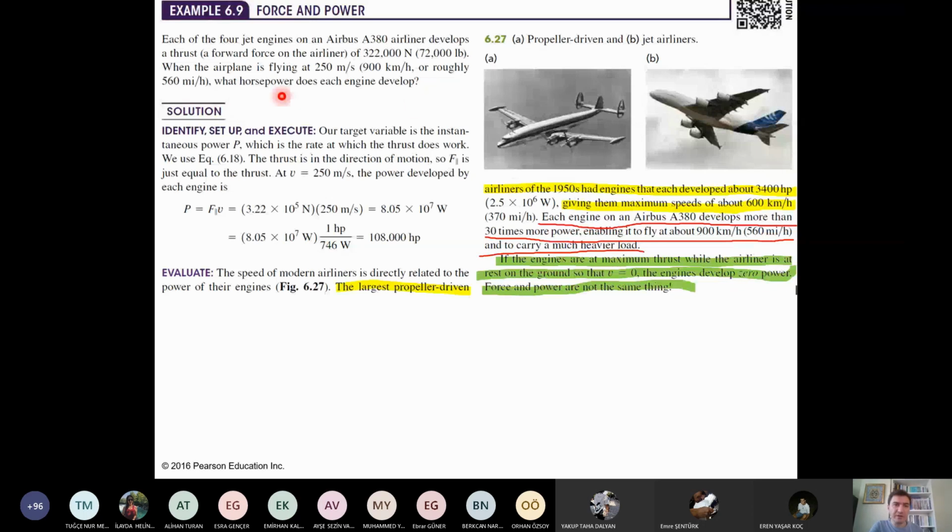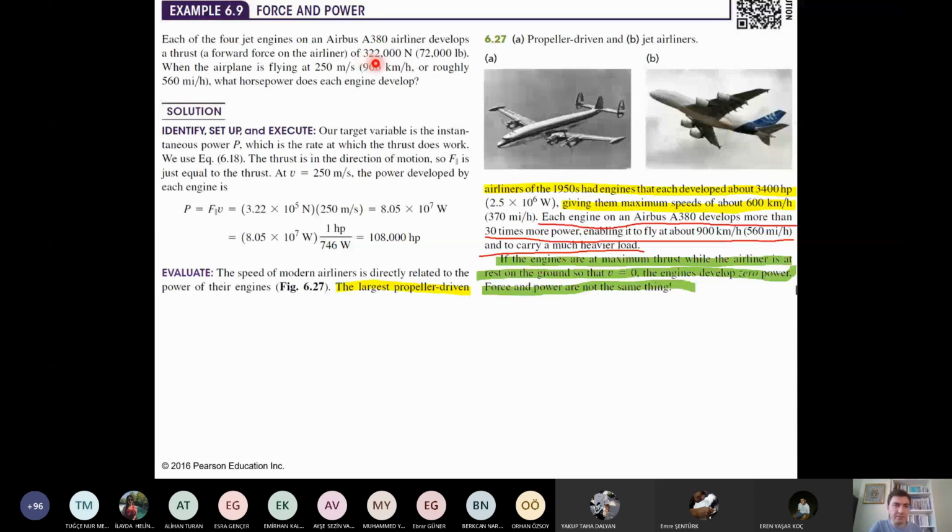So what about the solution? Velocity is given. Velocity is 250 meters per second, or 900 kilometers per hour. The force of each engine is given: 322,000 Newton.